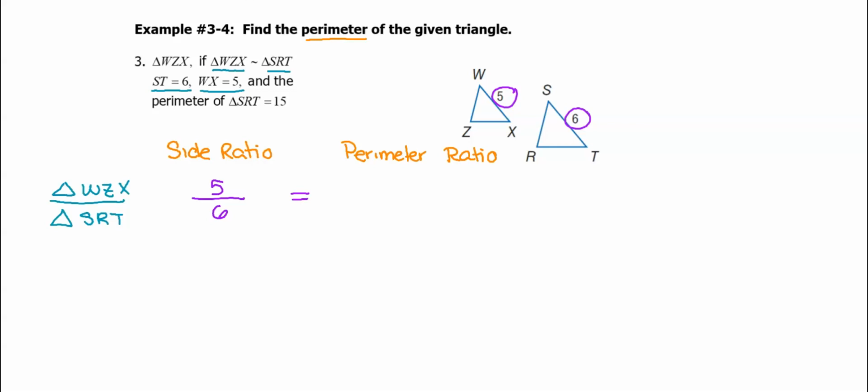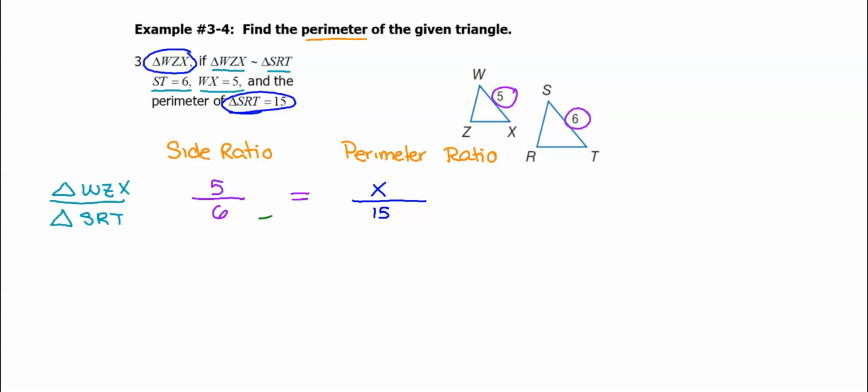And since I know that the perimeter of SRT here is already 15, even though I don't have all the information for the other additional sides, they did give me that the perimeter is 15, and since SRT is on the bottom, I'm going to put it on the bottom of my fraction. And then the perimeter that we are looking for, WZX, is unknown, so I'm going to put an x, and again that goes on top because that's where all my information for triangle WZX goes.